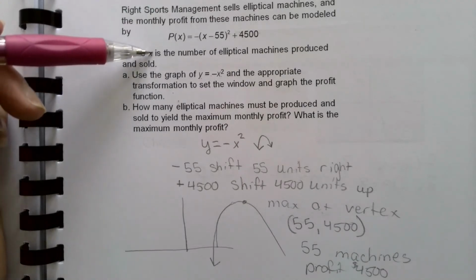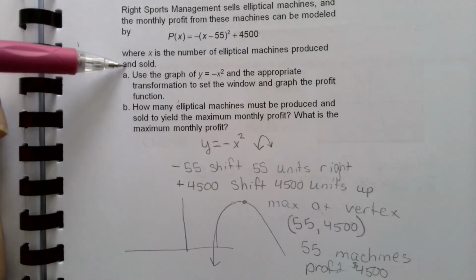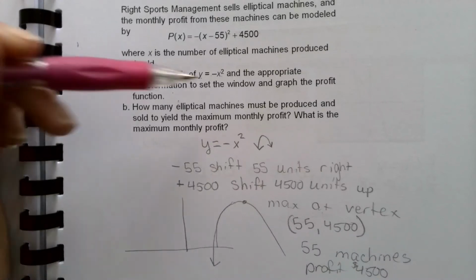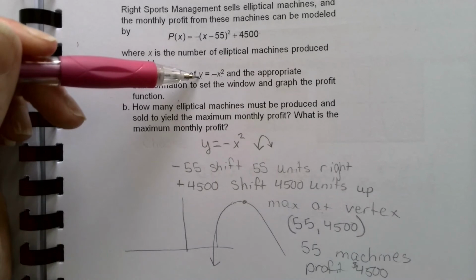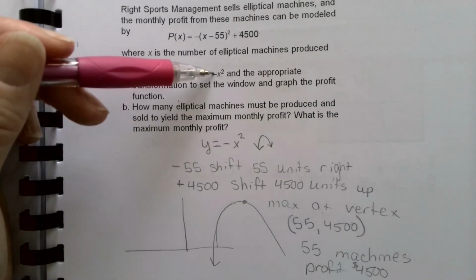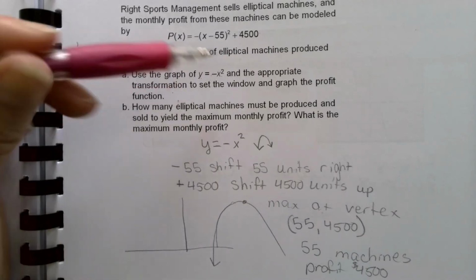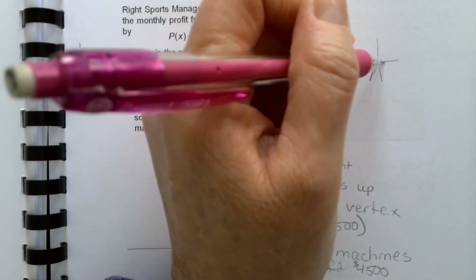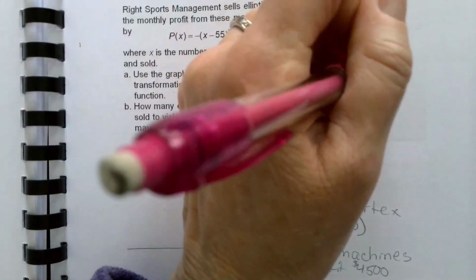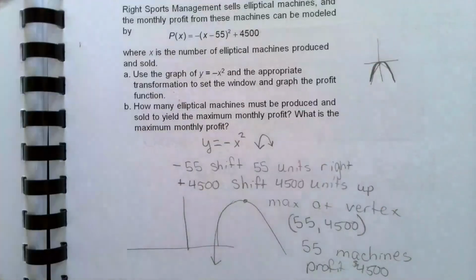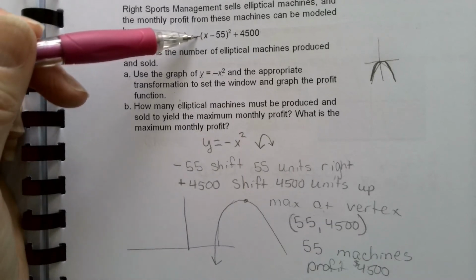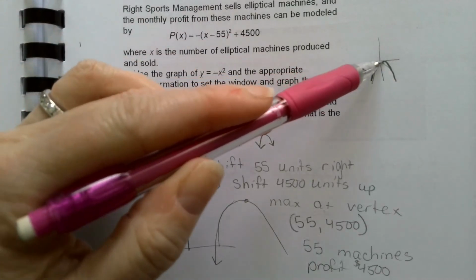Here, x is the number of elliptical machines that are produced and sold. So let's look at the graph of our basic function, which in this case would be y equals x squared with the negative in front of it. Okay. So we know that graph is that regular upside down parabola, just like that, a little rounder. The negative in front of it is what makes it go down.